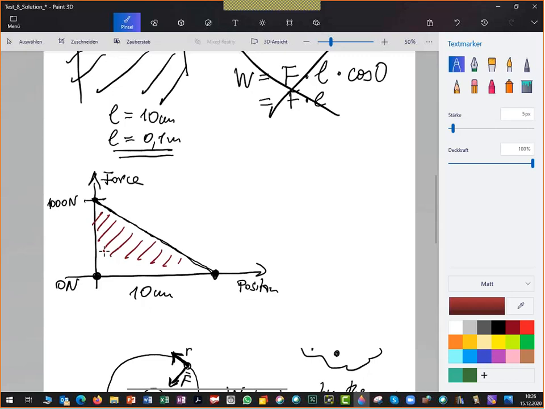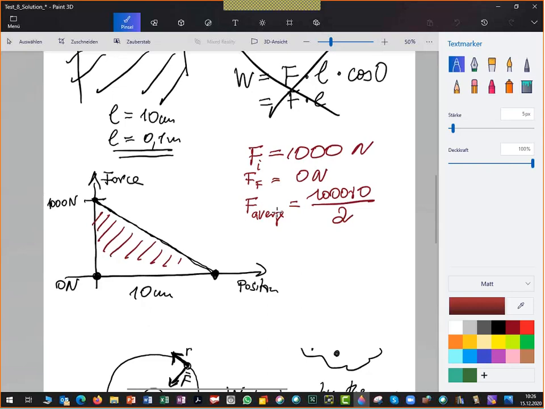In other words, let me show this. Instead of using this maximal force equal to 1000 Newton, you say, no, this is just the initial force, and my final force is 0 Newton. So instead of using the initial force or final force, I will use the average force, right? So I will introduce the average, which will be 1000 plus 0 divided by 2, which will be 500 Newton.